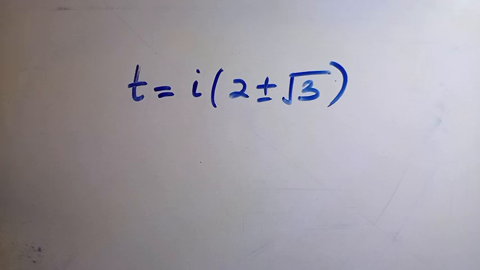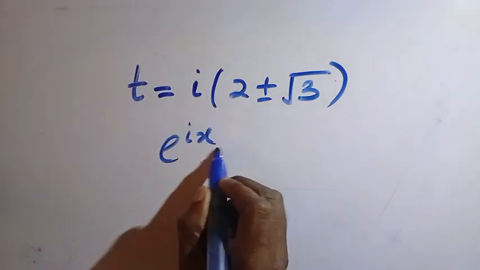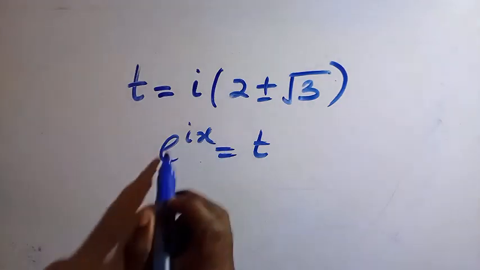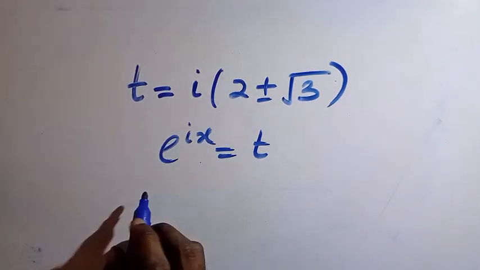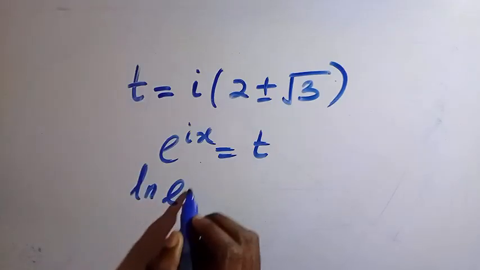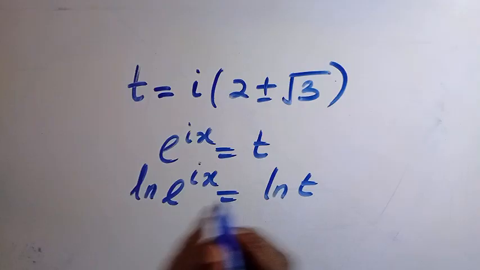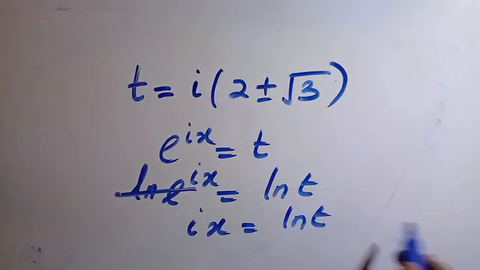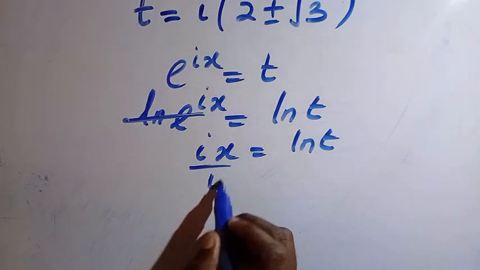It doesn't end there. Let's recall where we let exponential of ix equal t. Suppose I want to get x here, I'm going to introduce ln to both sides. By introducing ln, ix equals ln of t, the ln and exponential cancel, and we have ix equals ln of t. Since I need x, I have to divide both sides by i.